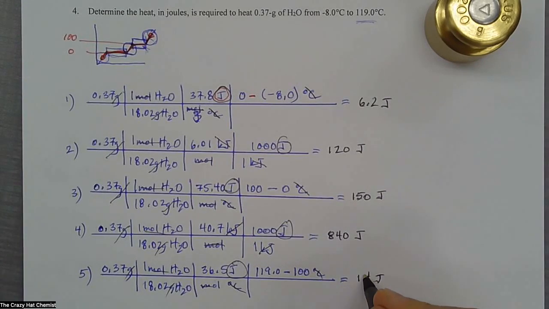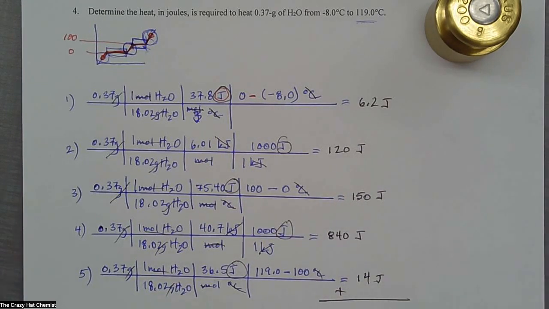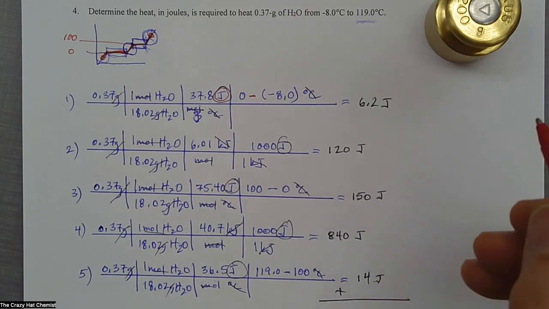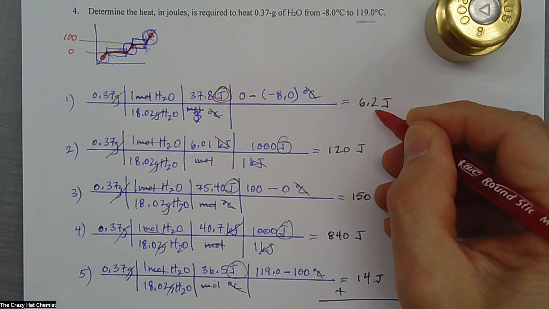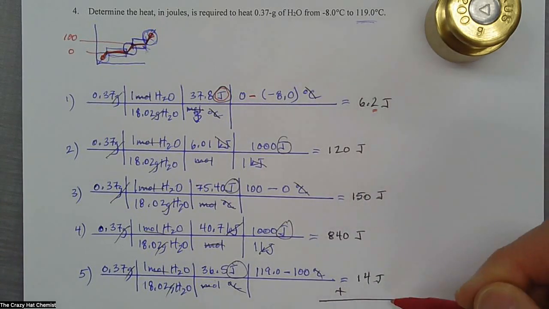And 14 joules. And then what we're going to do is we're going to add up these 5 numbers here. And then when we add up those 5 numbers, we're going to be rounding to the tens place. Okay, so this is in the 10th position. This is the most precise measurement of all of them.